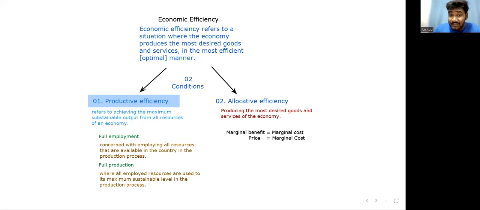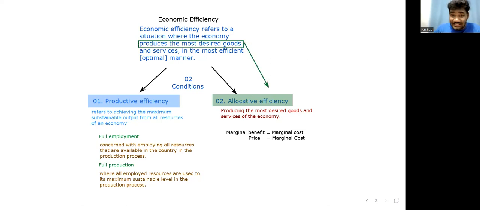So only if you have allocative efficiency and productive efficiency, only then you can produce the most desired goods and services. That part comes from here. In economic efficiency, they are saying you have to produce the most desired goods and services. That part comes from here.